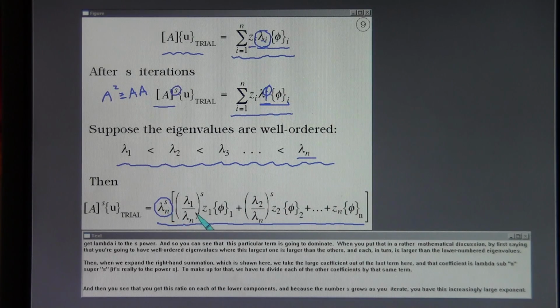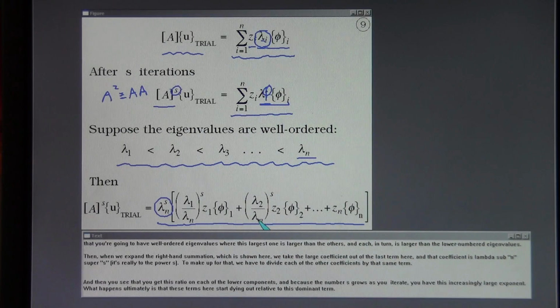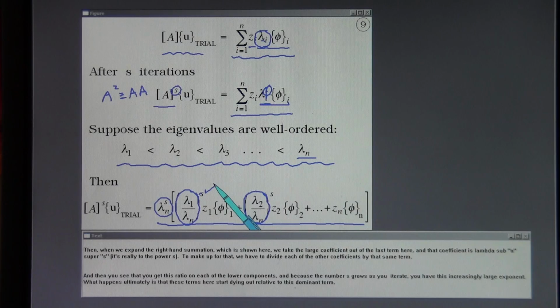To make up for that, we have to divide each of the other coefficients by that same term. And then you see that you get this ratio on each of the lower components, and because the number s grows as you iterate, you have this increasingly large exponent. What happens ultimately is that these terms here start dying out relative to this dominant term.